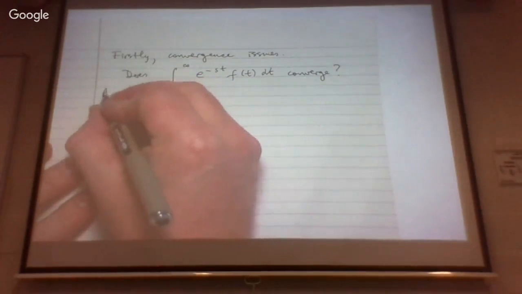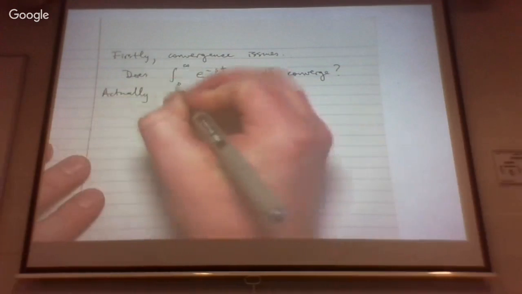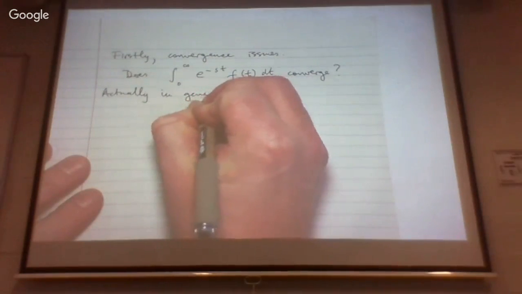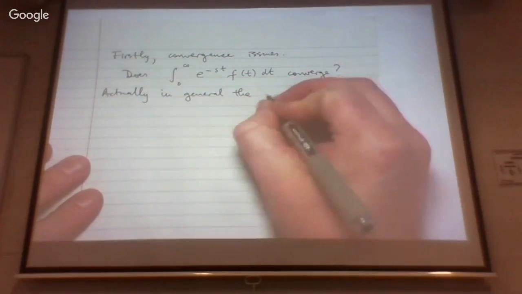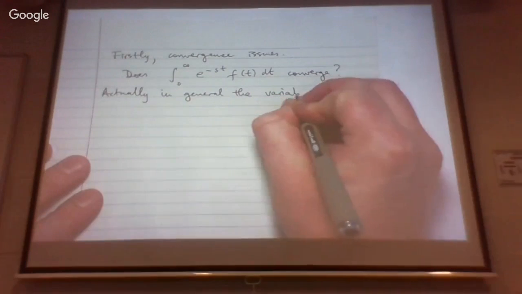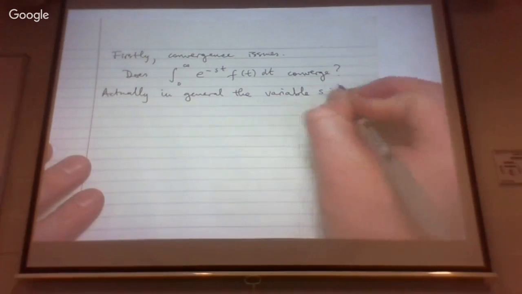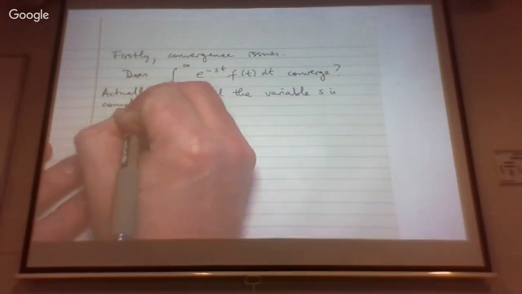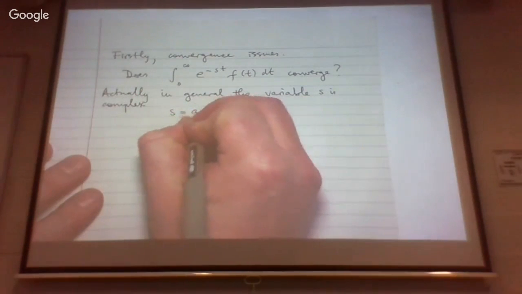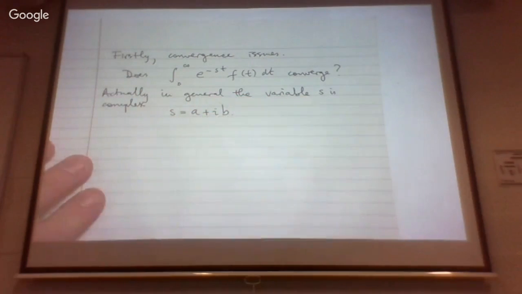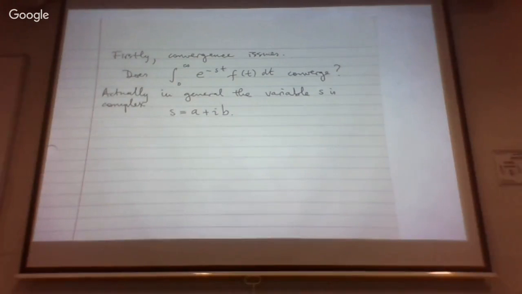Now, actually, in general, the variable s can be a complex number. So s is going to be a plus ib, where a and b are real.